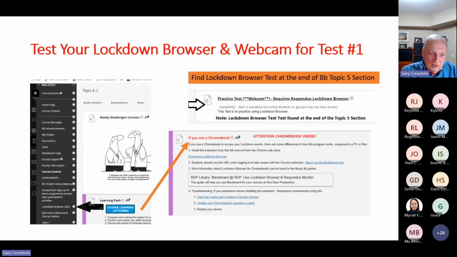What I wanted to tell you as well is that you're going to need to use your lockdown browser, and your webcam needs to be available on your machine. And there's 2 ways of finding out if it's working. So one is if you go to the bottom of topic 5, like the next section right to the back, you click on there and you do a test to make sure that everything's working.